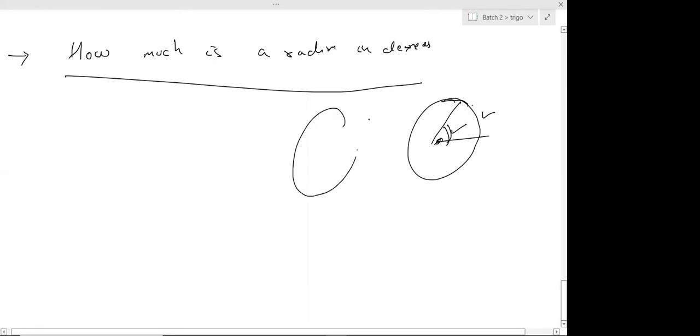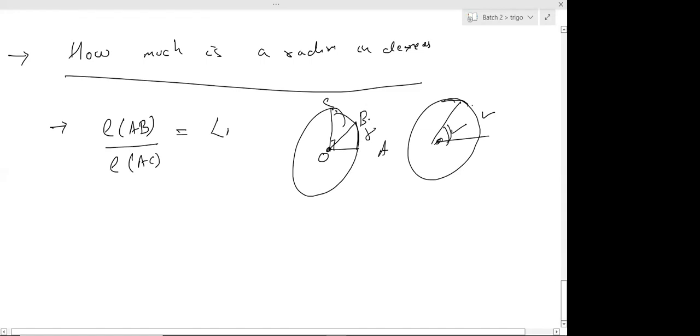So if I take a circle and take two arcs, one which is at right angles, let's name them AOC, and another arc which is of length R, and let's call this point B. So we know that length of AB upon length of AC will be directly proportional or equal to angle AOB upon angle AOC.